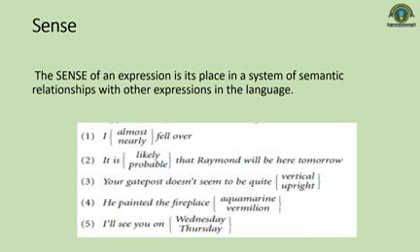Now we will talk about the sense of an expression. What is the sense of an expression? Students, we can say that the sense of an expression is its place in a system of semantic relationships with other expressions in the language.